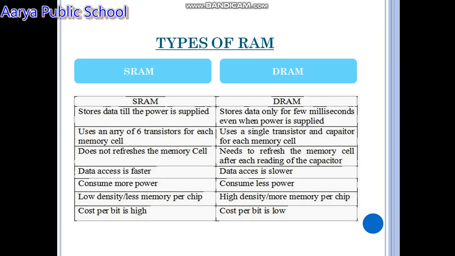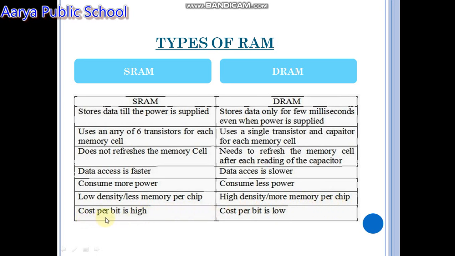Next, in SRAM, data access is faster; in DRAM, data access is slower. SRAM consumes more power, meaning it requires more power to process. DRAM consumes less power. In SRAM, density is low, with less memory per chip; DRAM has high density, with more memory per chip.